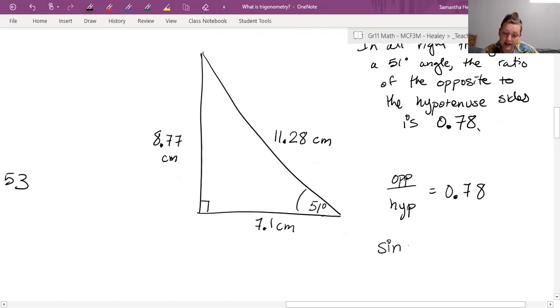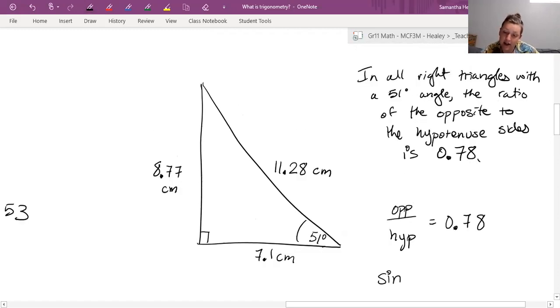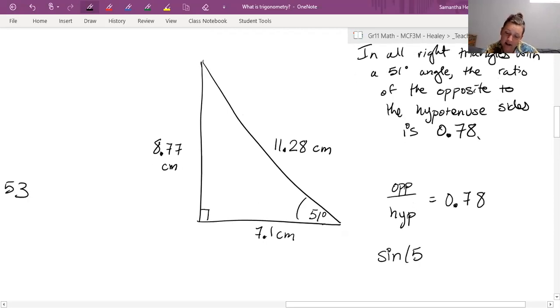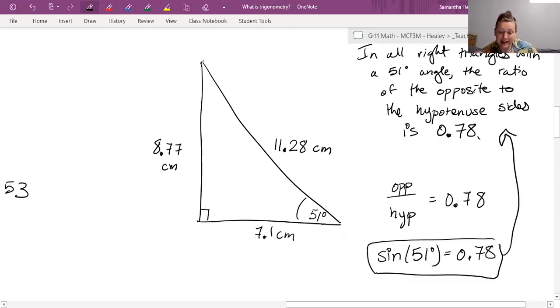And we're trying to say, in all right triangles with a 51-degree angle, the sine, where the angle we're comparing to is 51 degrees, is 0.78. So this is just a compact way of writing that. That just says the sine of 51 equals 0.78.